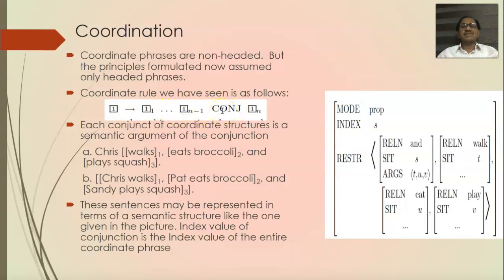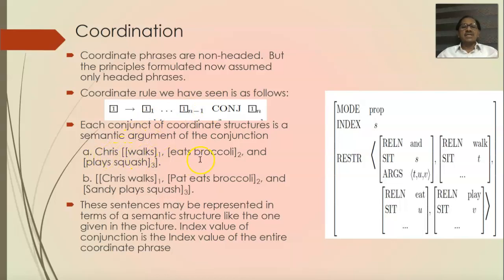Conjunction cannot have syntactic arguments, right? Syntactic arguments we will have for transitive verbs or prepositions or transitive adjectives or transitive nouns, etc. But for a conjunction, you will have only semantic arguments. So all the conjuncts are semantic arguments. How? Let's look at some examples here.